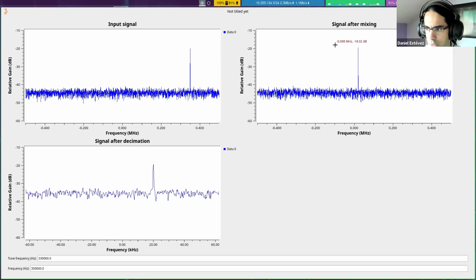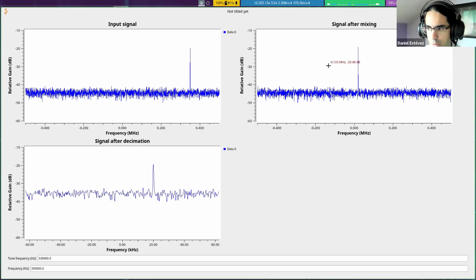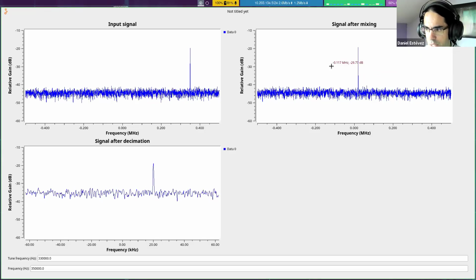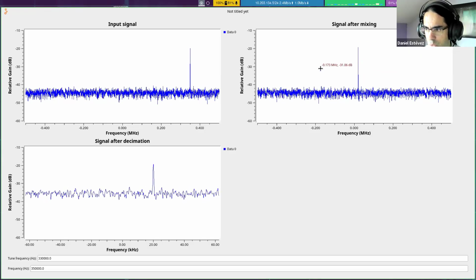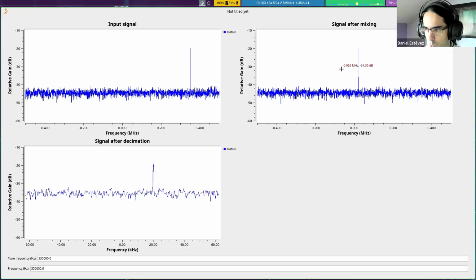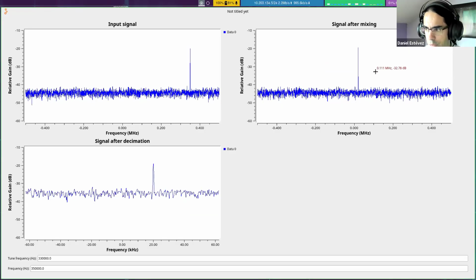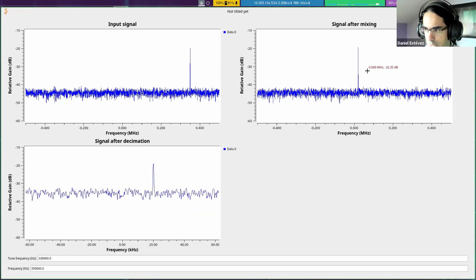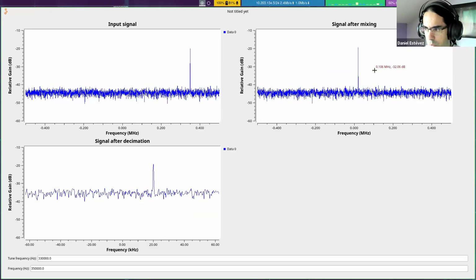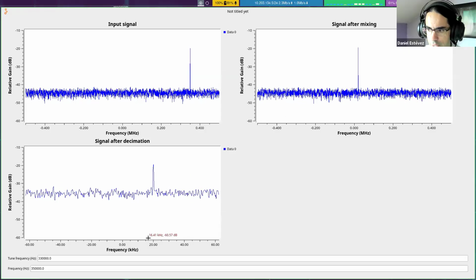Then the other wraps will overlay on top of the central piece. For example, this from minus 150 to minus 50 is also overlaid here. From plus 50 to plus 150 is also overlaid here.